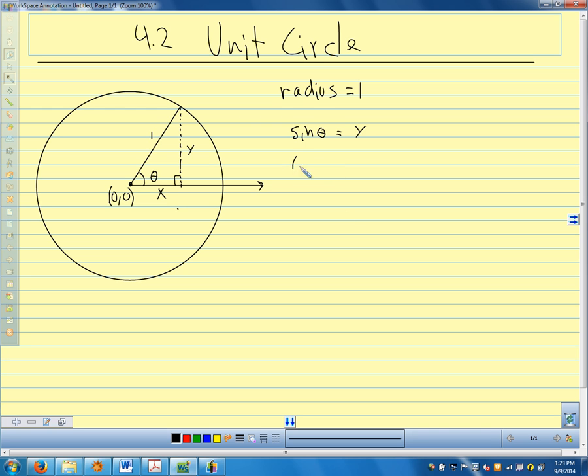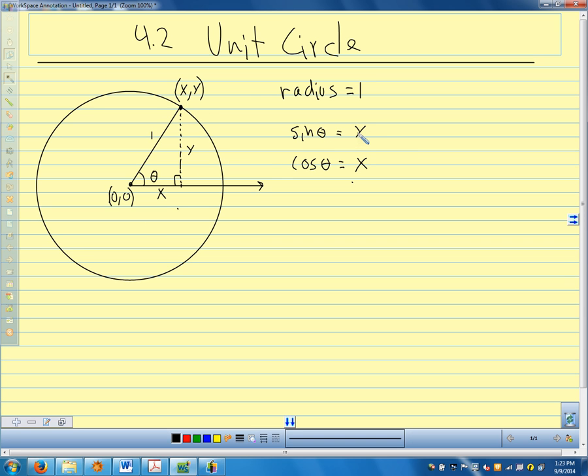And the cosine theta? Adjacent over hypotenuse, x over 1, x. Well, this point up here on the circle is the point x, y. So the x-coordinate of this point is given by the cosine of the angle, and the y-coordinate is given by the sine of the angle.